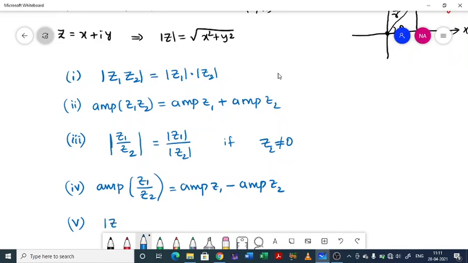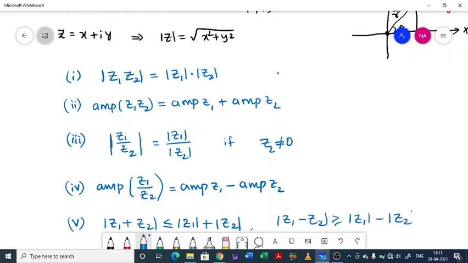Modulus of z1 plus z2 is always less than or equal to modulus of z1 plus modulus of z2, and modulus of z1 minus z2 is greater than or equal to modulus of z1 minus modulus of z2. So these are the results we have to remember.